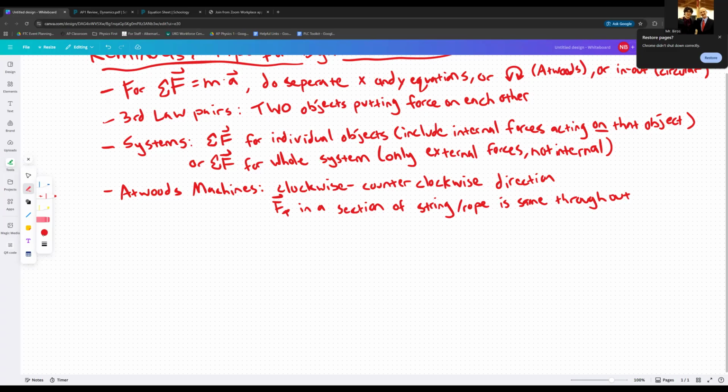What else here? Oh, friction. Friction on the pulley acts on the whole system, not individual objects.